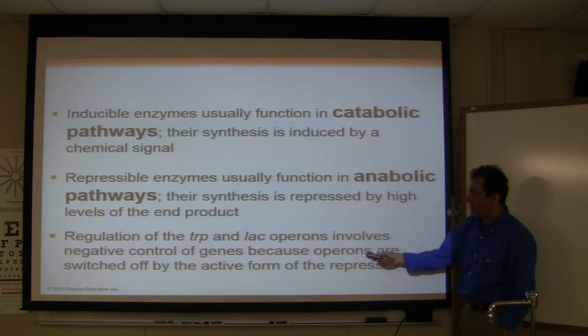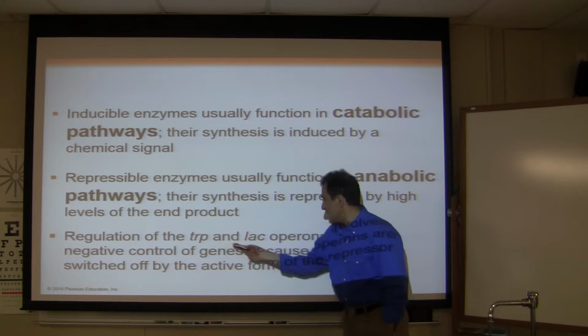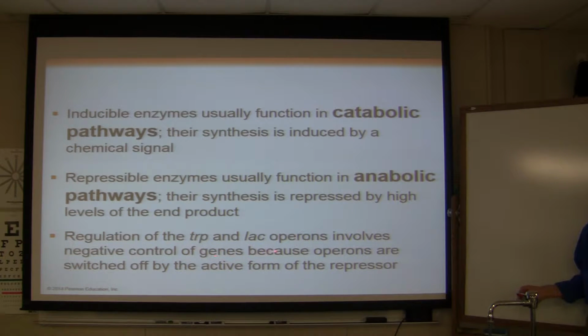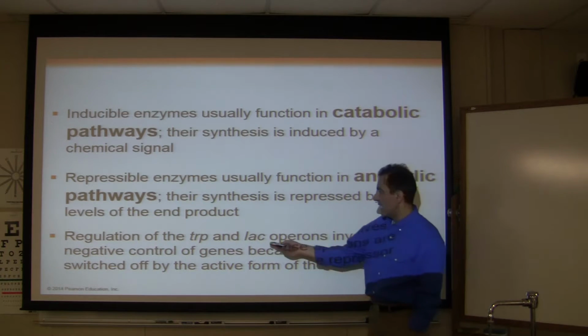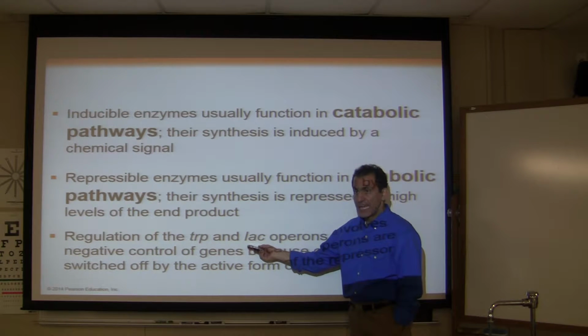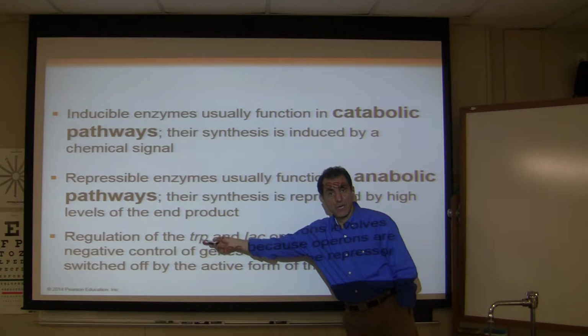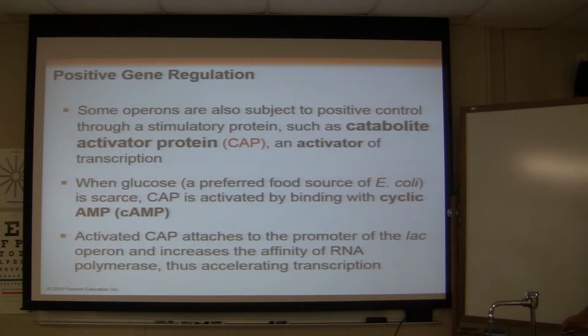Regulation of the tryptophan (trp) and lac operons involves negative control of genes because operons are switched off by the active form of their repressors. So in this case allolactose, and in the other case tryptophan itself, acts on the repressors. Okay.